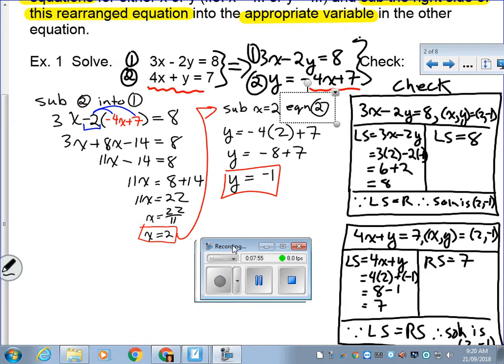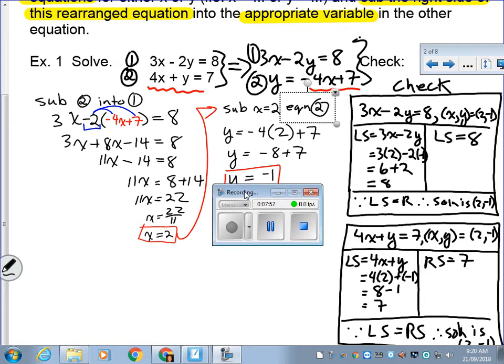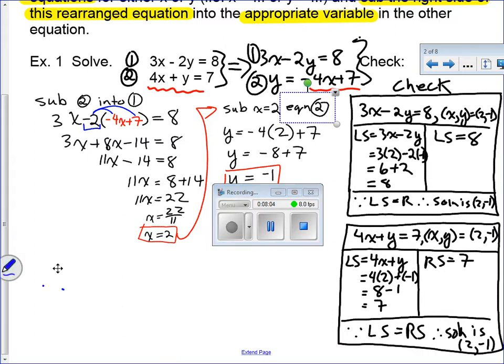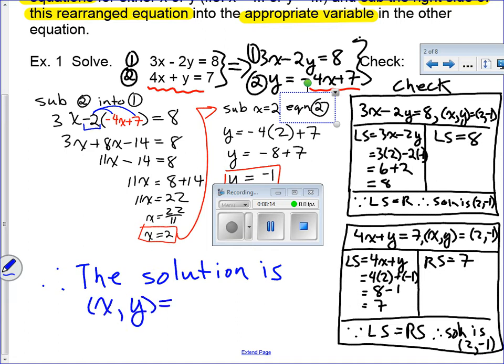Now at the very end, after you've verified that both checks work, what I want you to do is say what our final thing is. So now you're going to say, therefore, the solution is, we can write it like this, (x, y) equals (2, negative 1).